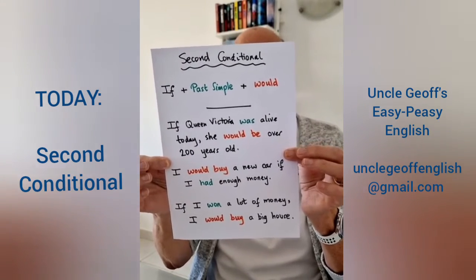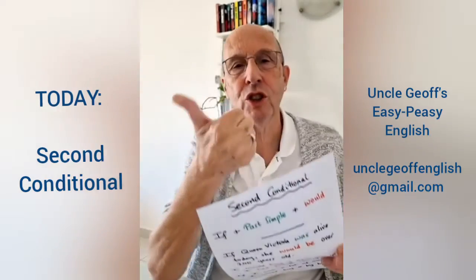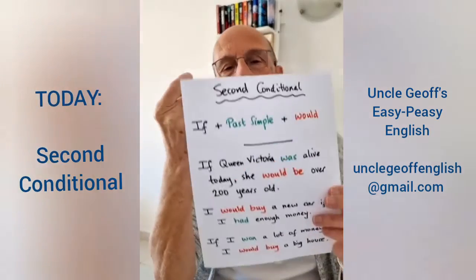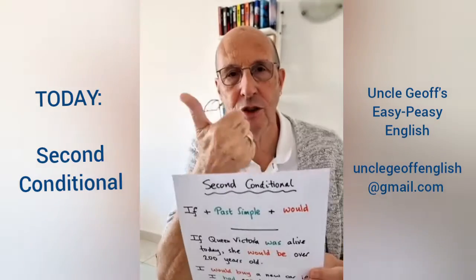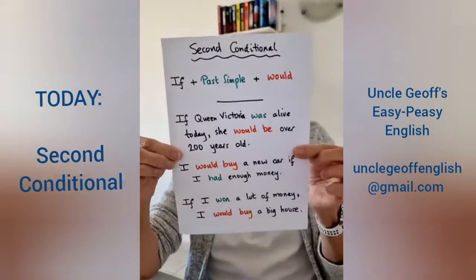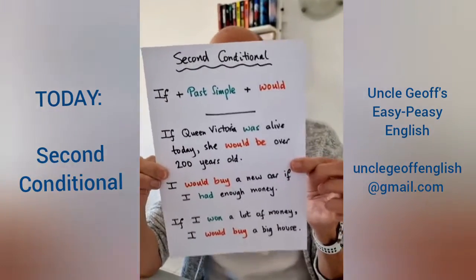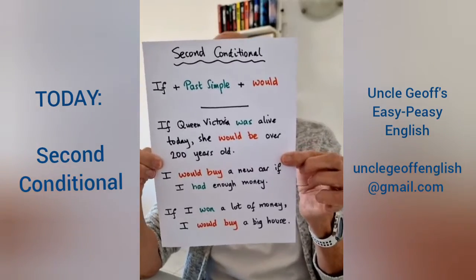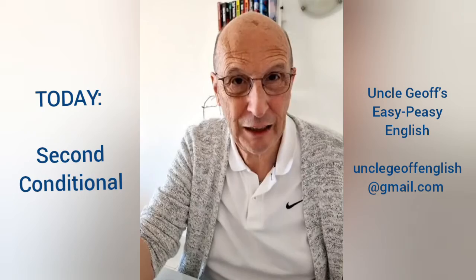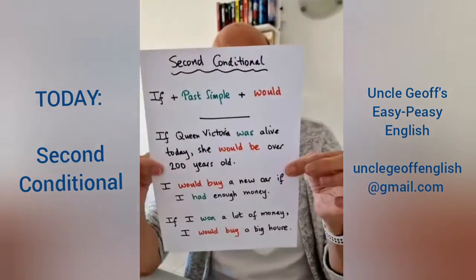If Queen Victoria was alive today, she'd be over 200 years old. Yeah, she'd. Because we love contractions. If Queen Victoria was alive today, she'd be over 200 years old. Is she alive today? No, she isn't. So she's not 200. She died a long time ago.